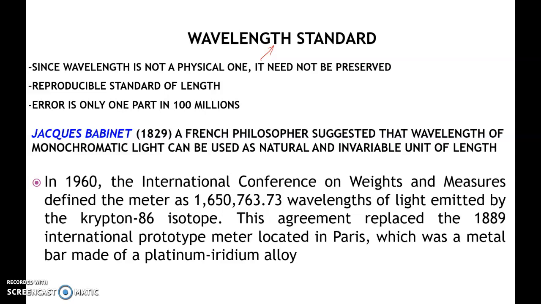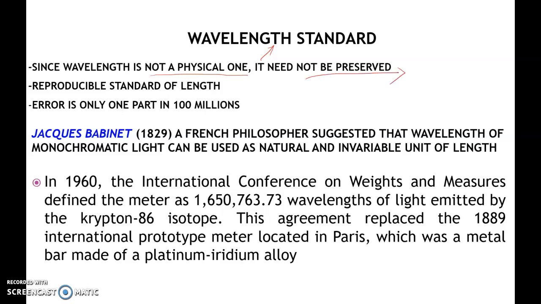The wavelength standard is not a physical one. We are producing a particular kind of light waves, and we define a meter as equal to this many wavelengths, or number of waves. So that need not be preserved.